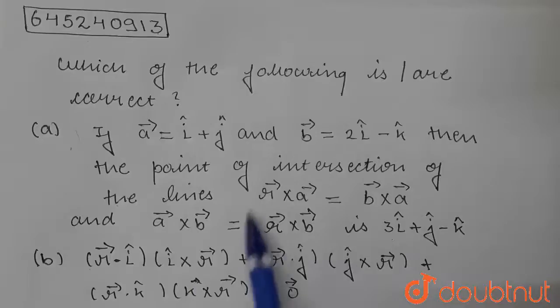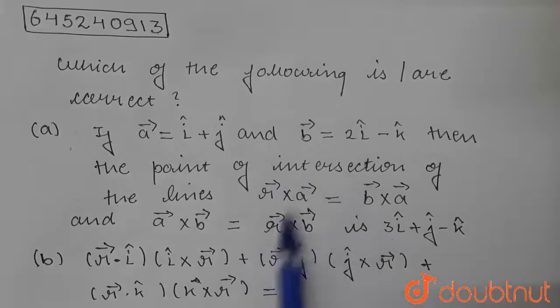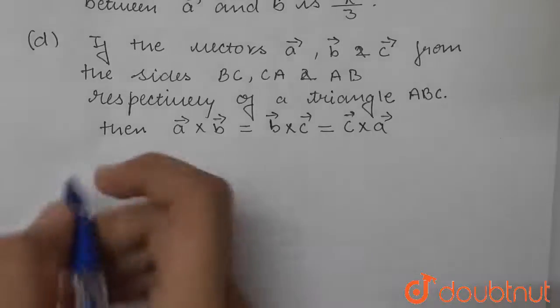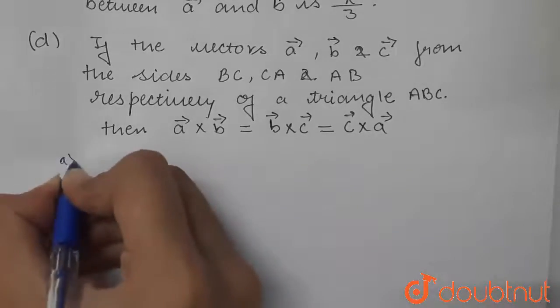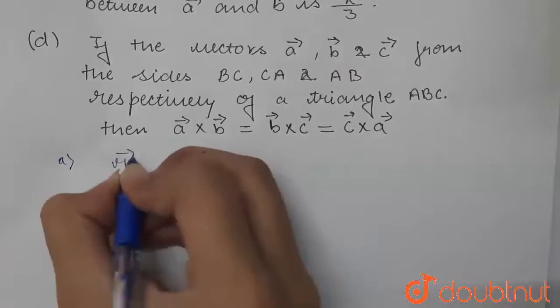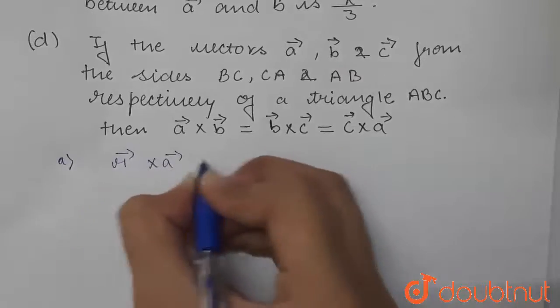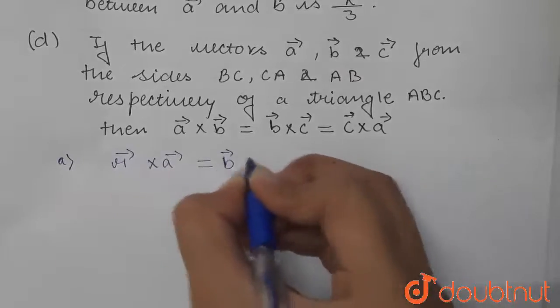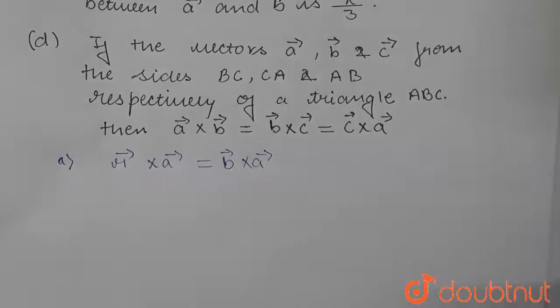Okay, so we need to show that the point of intersection of these two lines is equal to this. So let's see it. I'm starting with option A. It is given that r cross A vector equal to B vector cross A vector, right?